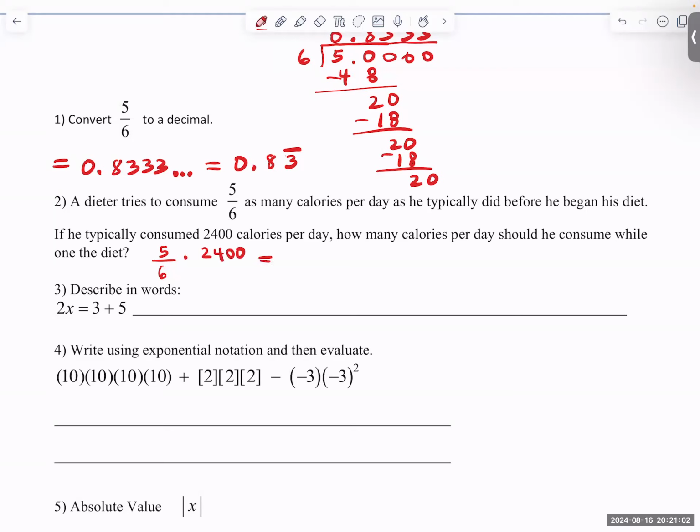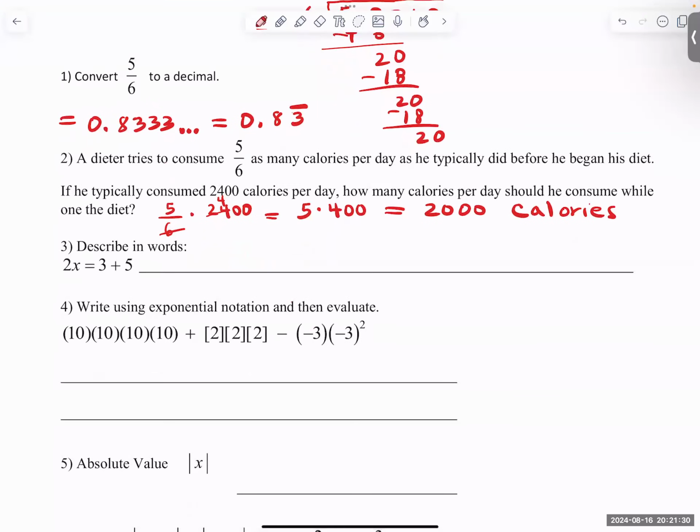Instead of multiplying 5 times 2,400, it'd be more efficient to divide 6 into 24, 4 times, and then carry 2 zeros. So we have 5 times 4, and then add on 2 zeros. So that's going to be 20, add on 2 zeros, so 2,000 calories.